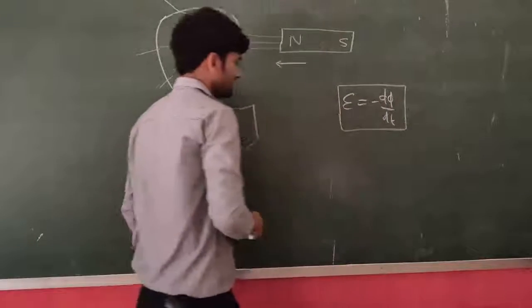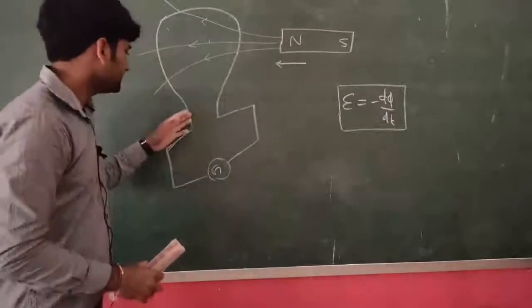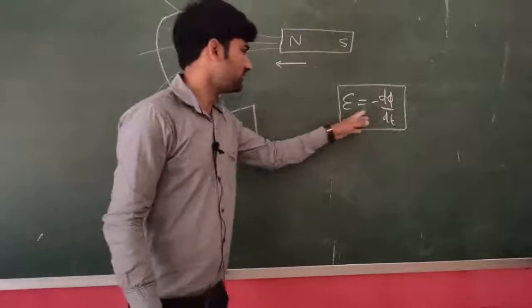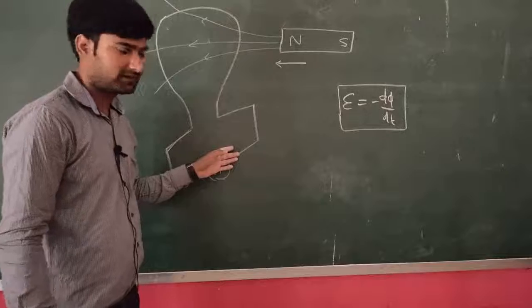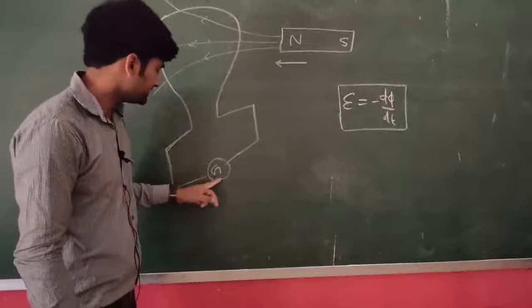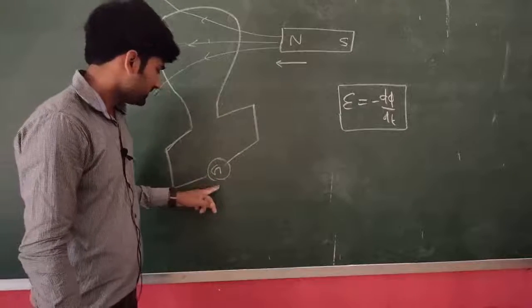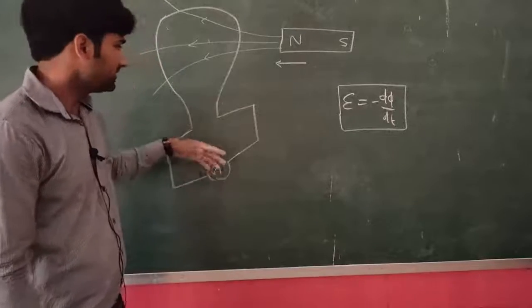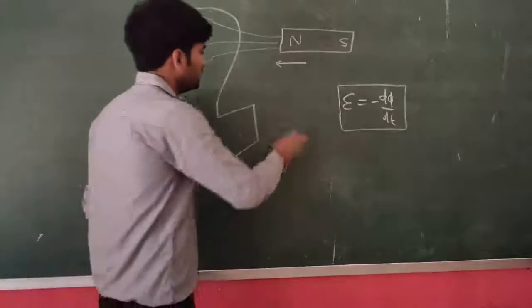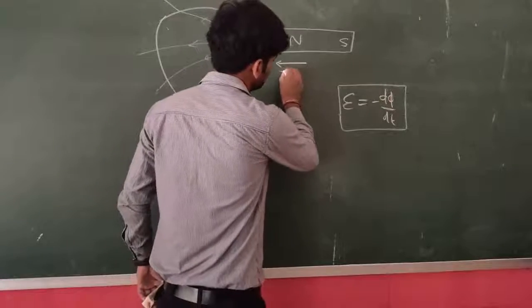Okay, it means this induced EMF produces current in this circuit, and in this case galvanometer is deflected.